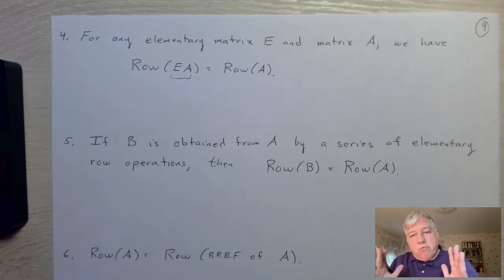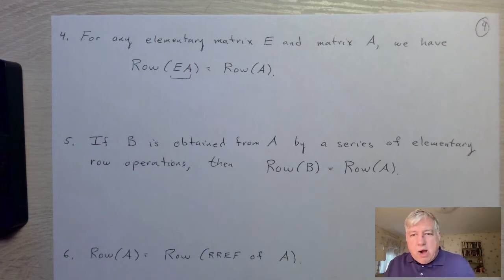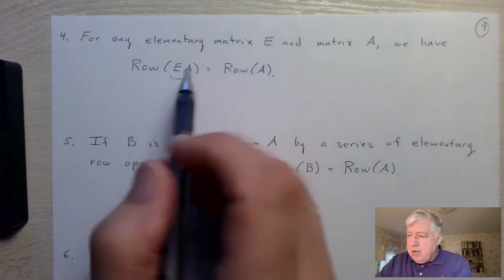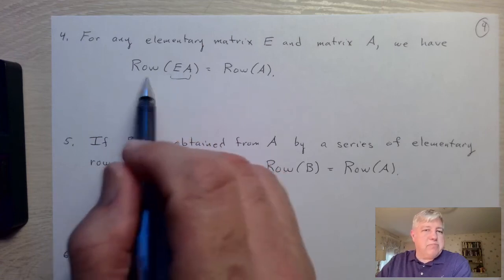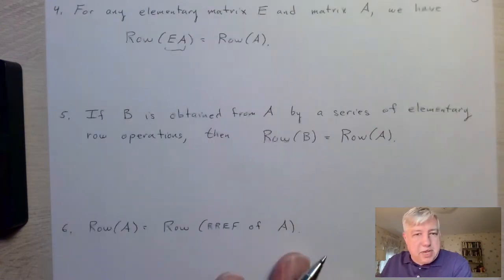So if one elementary row operation doesn't change anything, then two operations won't change anything either, right? Because we can just multiply by another elementary matrix, and that would leave the row space unchanged.